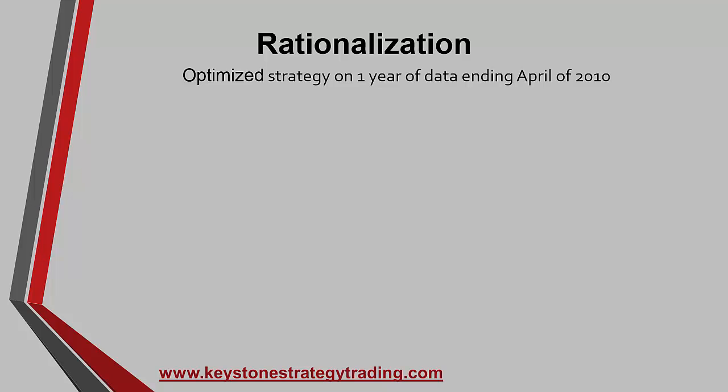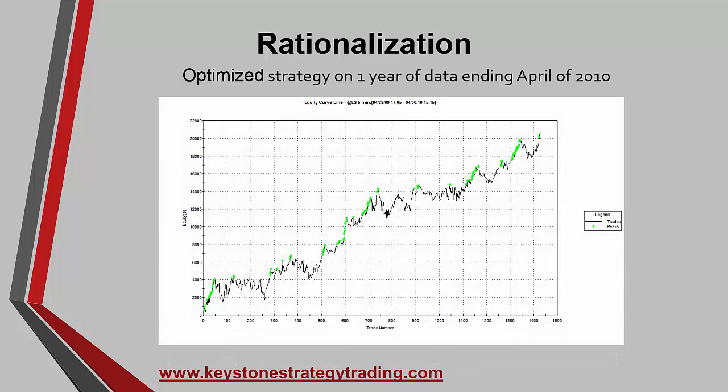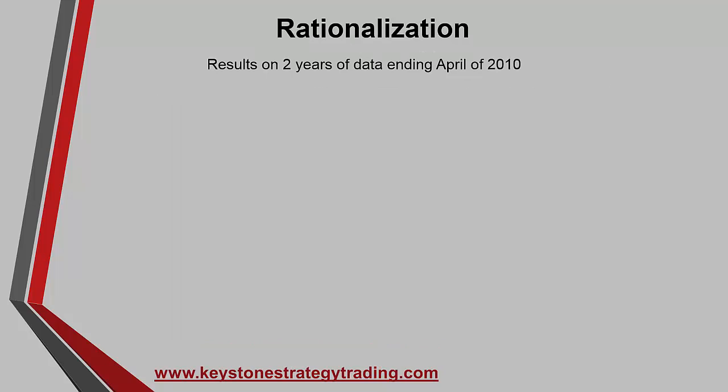This is what the performance report, or the equity report, looked like for that strategy on 6 months of data, on 1 year of data ending April of 2010. Once we completed the optimization process, we gave the strategy some unseen data. The next chart you're going to see is the results of 2 years of data ending April 2010.